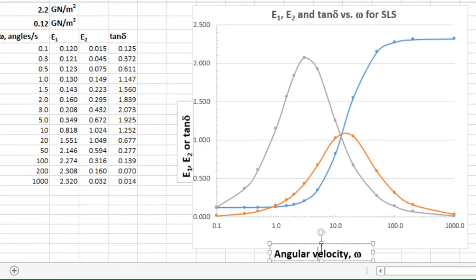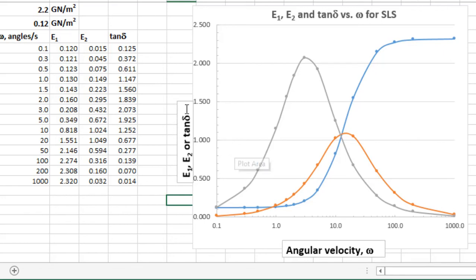So here I have angular velocity here and E1, E2 or tan delta. The values are quite close here, so we have plotted all on one axis, on the y-axis, and on the x-axis we have angular velocity, but the scale is logarithmic here. So this scale is not linear, it is logarithmic, and here it is linear.